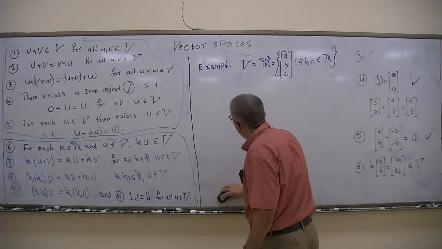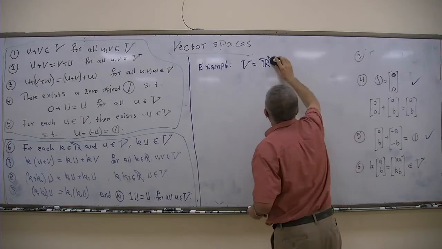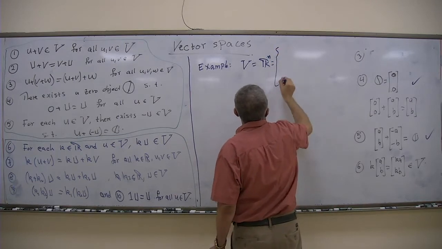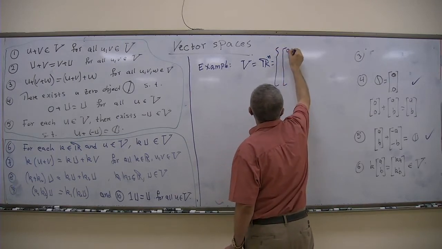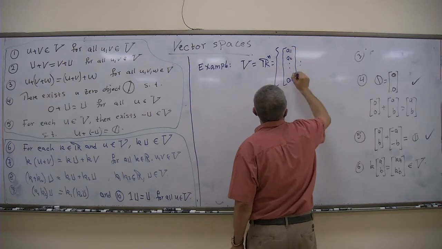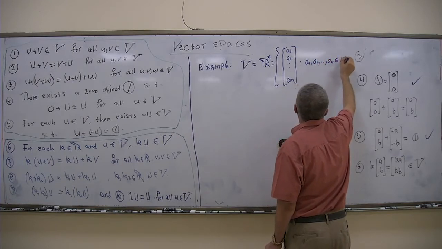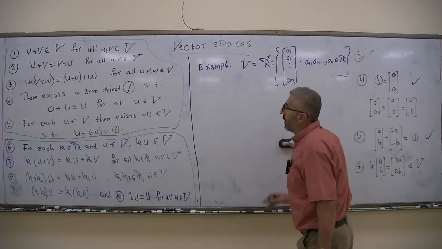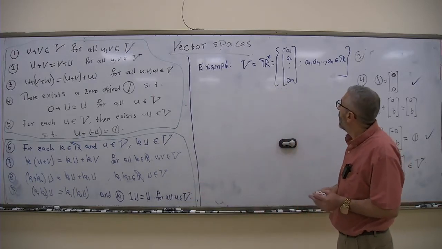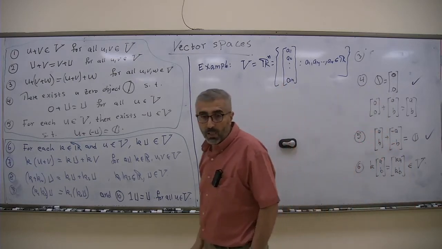In fact, even if you generalize this into Rn, A1, A2, An, such that A1, A2, An in R, the same conditions are satisfied, and as we did here for R2, you can trace that and find that all of them are satisfied.